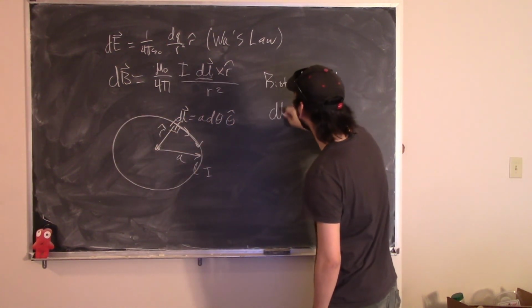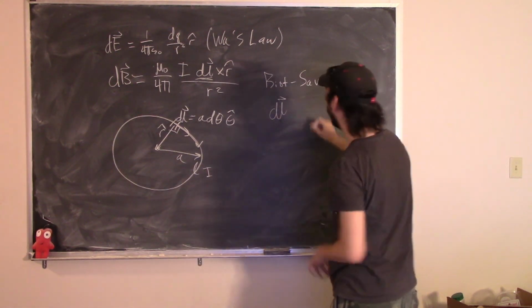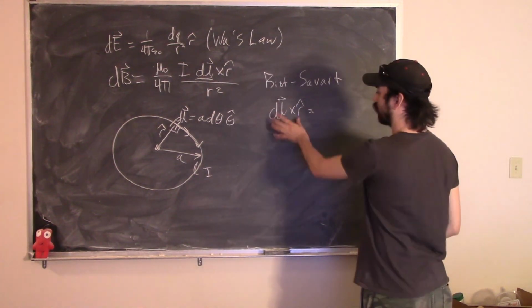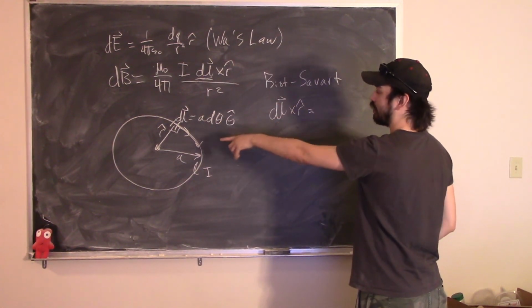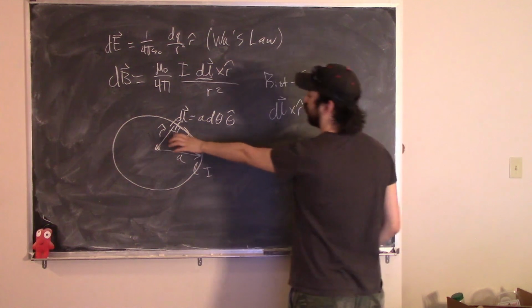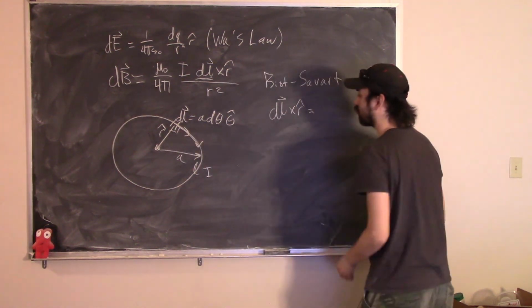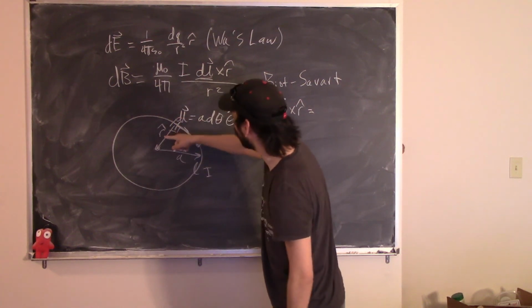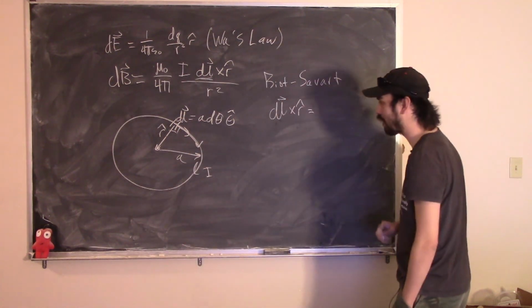And so what that allows me to do is to say that dl vector cross r hat is going to be equal to just the magnitude of these two vectors times the sine of the angle between them, which we know is going to be 90 degrees, times the unit normal vector that's mutually perpendicular to these two by applying the right-hand rule.